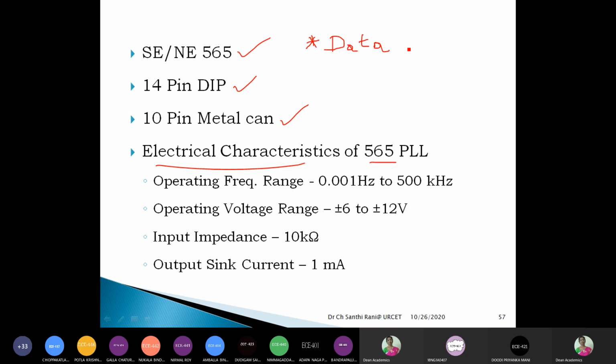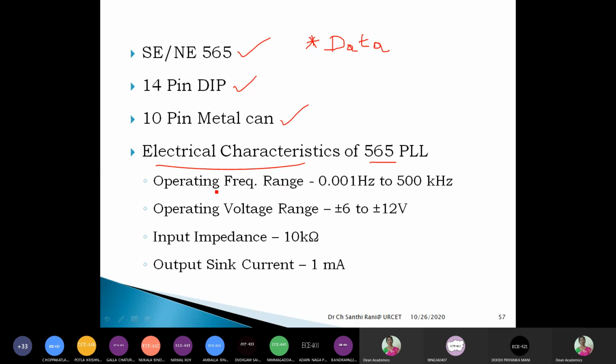Data sheets give full information, like what the different package types are, what the suitable applications are, what its internal diagram is, and what the various operating frequency ranges are. So many other parameters are mentioned in the data sheet. Just as an example, I have mentioned very few, only some general points.